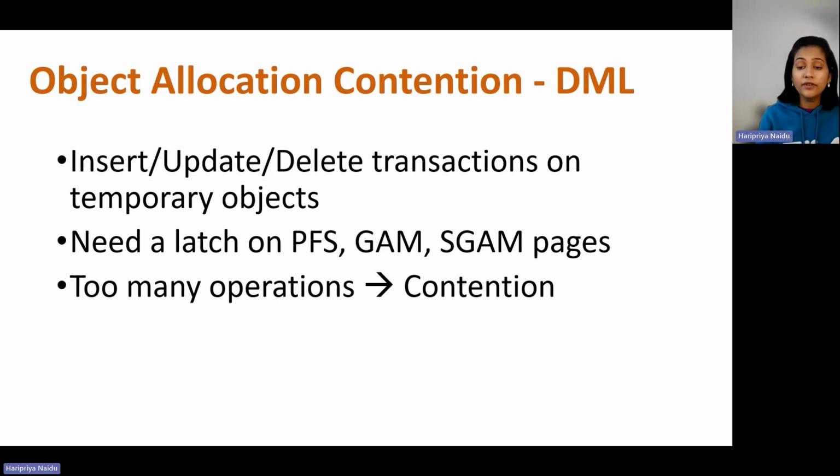So whenever you have too many operations, they're all waiting in line, causing contention on PFS, GAM, and SGAM pages. To allocate an object, these operations are waiting in line to get a latch, causing contention. That's why it is called object allocation contention.